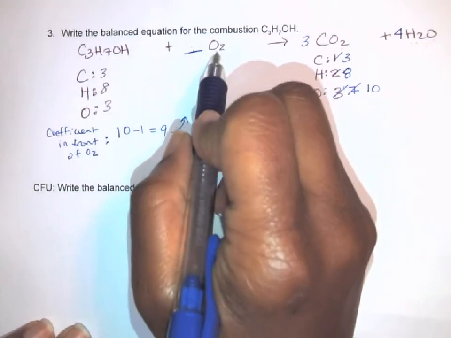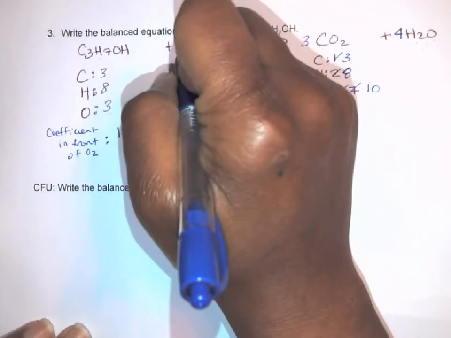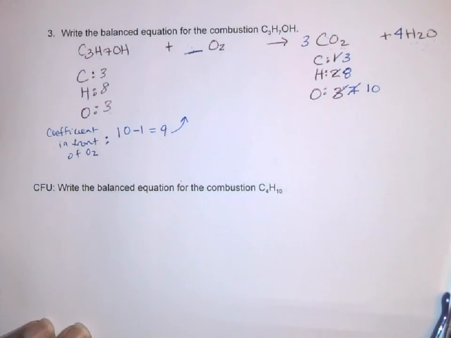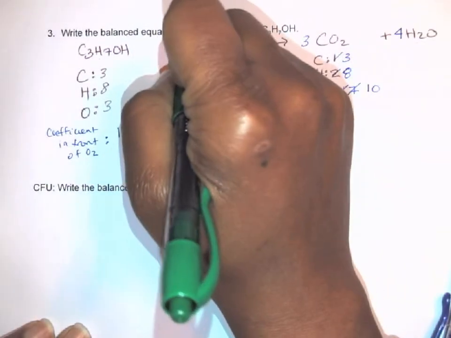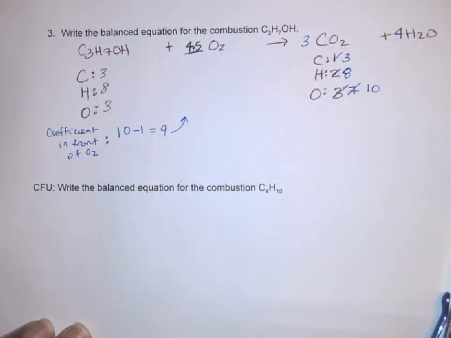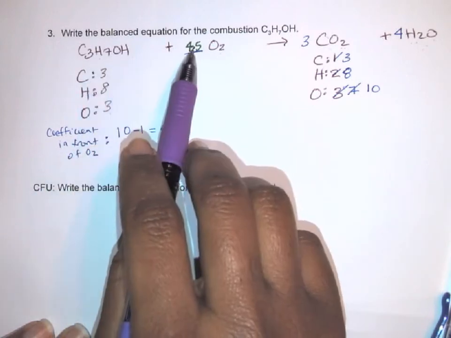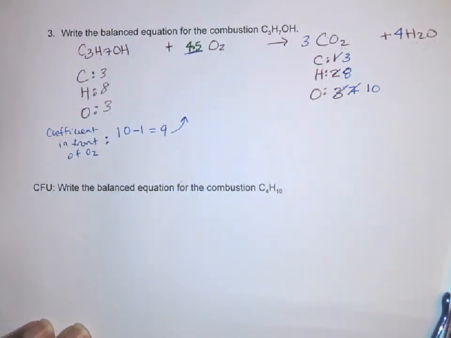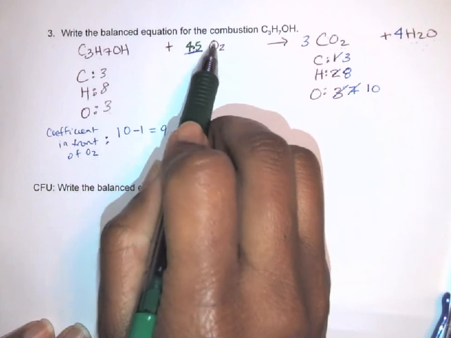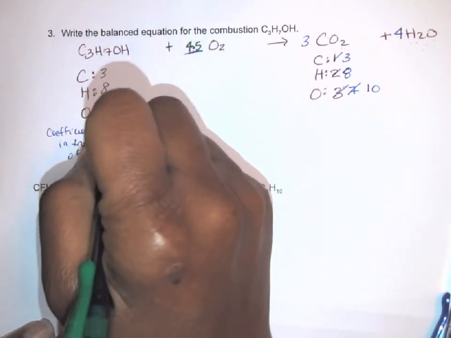The number that I can multiply 2 by to give me 9 is 4.5. Now remember, that is not a whole number, but that's okay because we can always change it. So I do now have a total of 10. If I tally it up, 4.5 times 2 is 9, plus the 1, I've got my 10.